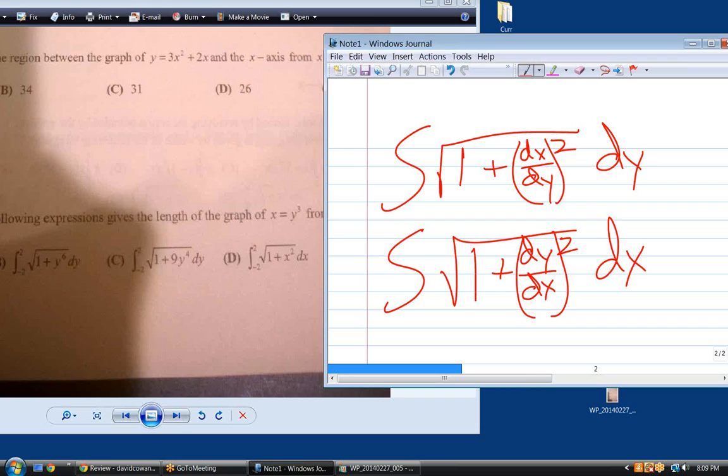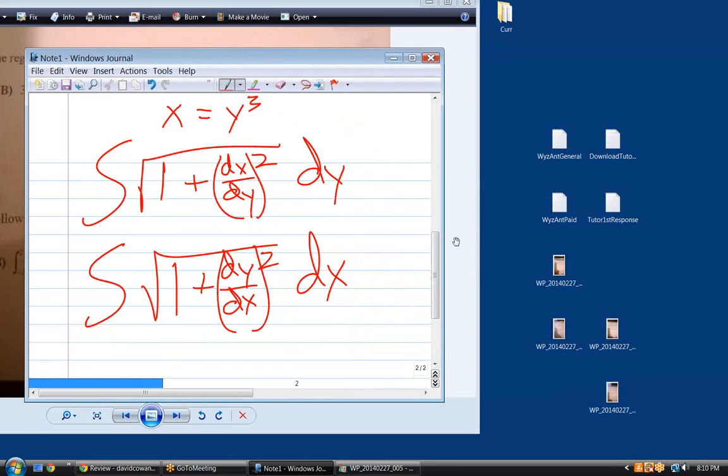dx/dy. Yeah, they've given us a function of y. So I can take dx/dy easier than I can take dy/dx. I can do it either way, but there is a problem here. Let's examine this a little bit more.